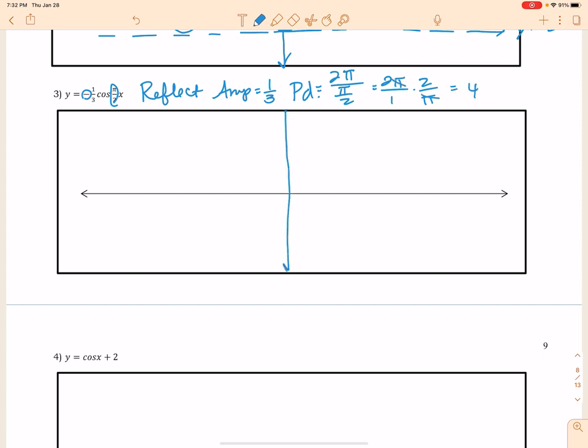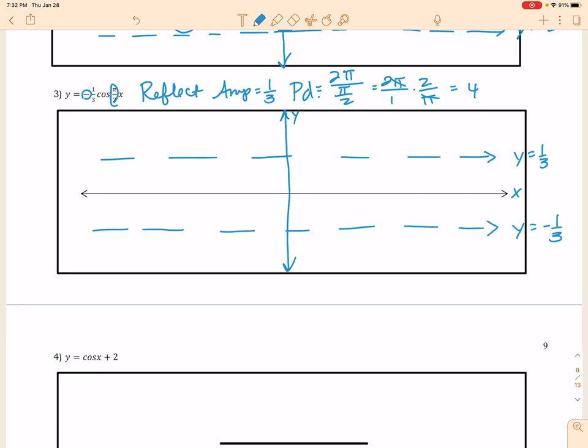So again, my y-axis is drawn here. My amplitude is 1/3. So just going to do this. Y equals 1/3. Y equals negative 1/3. And then, of course, the period, I've got 1, 2, 3, 4. 1, 2, 3, 4.